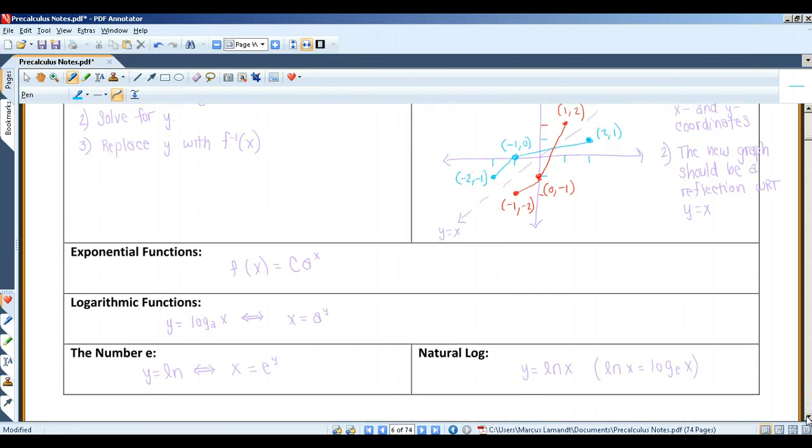Alright, these next rules: exponential functions, this is the standard form for an exponential function. Logs, the number e, natural log, I'm kind of hoping you guys remember this stuff from Algebra 2. We will be doing problems in class involving these.